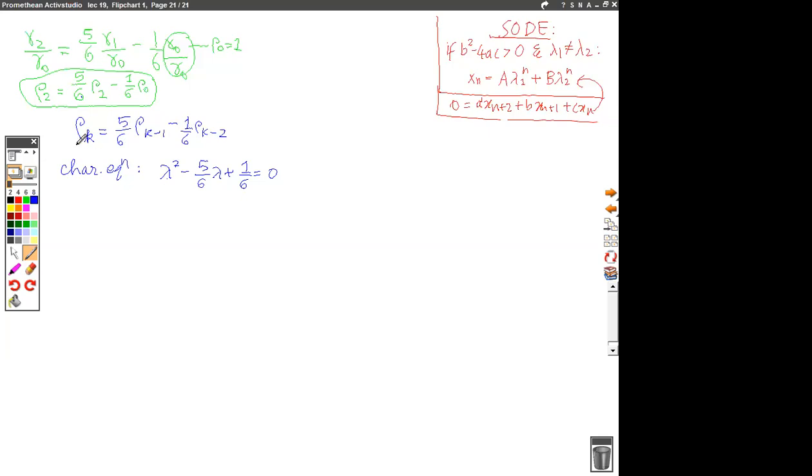So always remember, whenever you have to figure out a characteristic equation, it's always better to make all of these terms positive and leave the term which is the least as k. So what you can do is, this will just be equivalent to writing rho k plus 2 minus 5 upon 6 rho k plus 1 plus 1 upon 6 rho k, and equate this to 0.